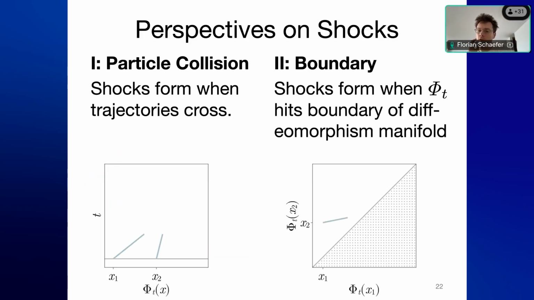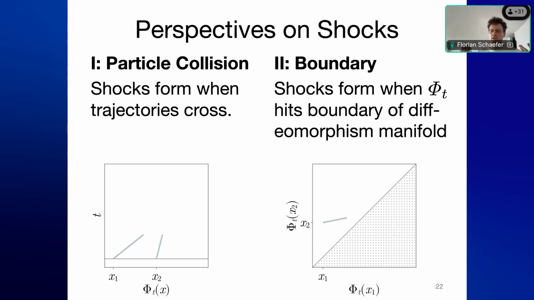And we can also view the phi as a whole. So instead of plugging in a particular x, we view phi as a whole as a function, and then the map t to phi_t traces a path in function space. And it turns out that shock formation arises exactly when this map phi ceases to be differentiably invertible. So it ceases to be a diffeomorphism.